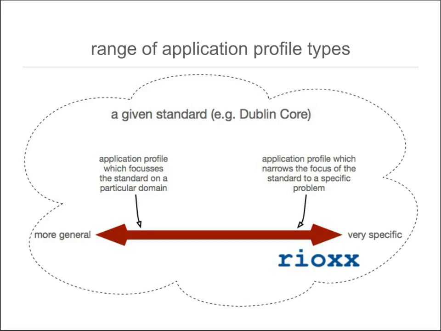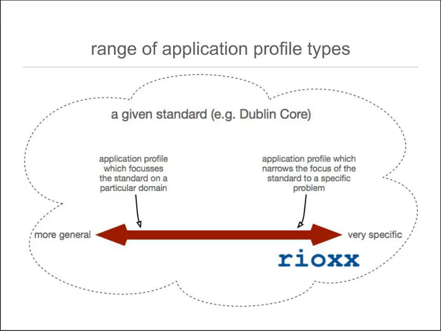Some of you may be familiar with OpenAir, and I think OpenAir provides a set of application profiles which are somewhere in that region. They're designed to serve a particular domain, but without necessarily being tied to a particular use case.